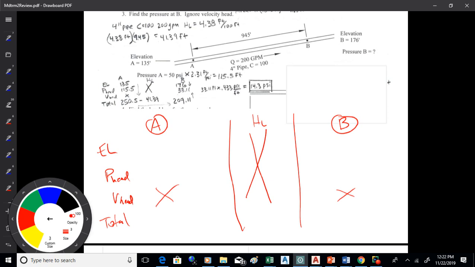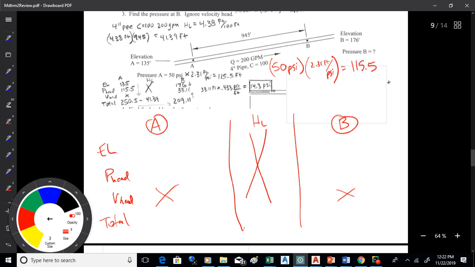All right, now what we've got there is 50 psi at A. So if we take that 50 psi, we can convert it into feet. There's 2.31 feet per psi, so that will become 115.5 feet. That's the pressure head at A. So we've got 135 feet of elevation and 115.5 feet of pressure head.